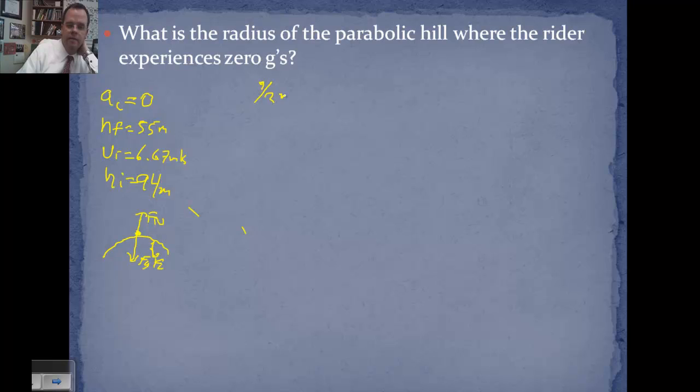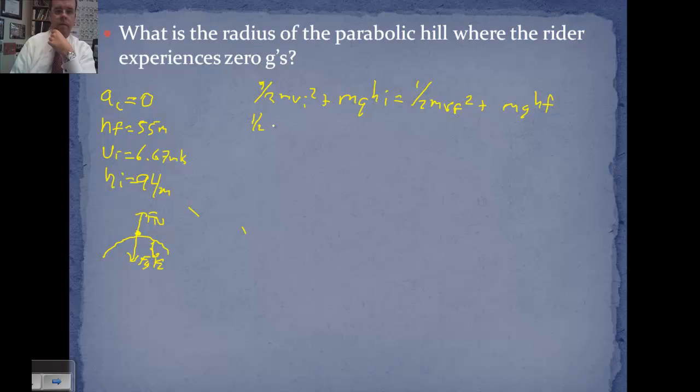So 1/2 mv initial squared plus mg h initial equals 1/2 mv final squared plus mg h final. So 1/2 m 6.67 squared plus m times 9.81 times 94 equals 1/2 mv final squared plus m times 9.81 times 55.